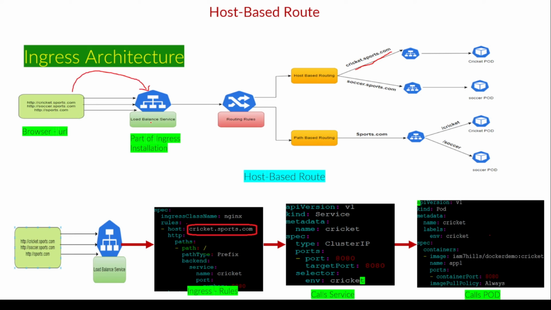What will the load balancer do? The load balancer will help you to resolve your URL with the IP address that you added in your DNS registry. Once it gets resolved, it will send you to your Kubernetes Ingress rules.